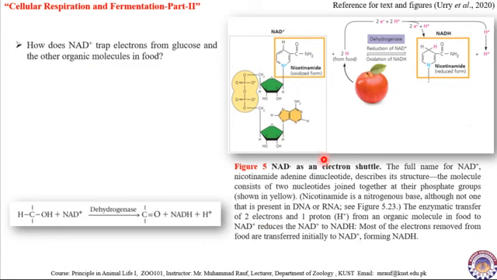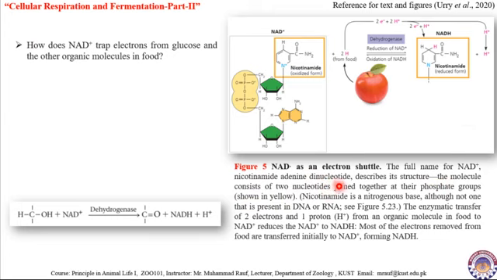Now this is NAD as an electron shuttle, how the NAD molecules deliver electrons to the electron transport chain. The full name of NAD is nicotinamide adenine dinucleotide, and the name describes its structure: the molecule consists of two nucleotides.